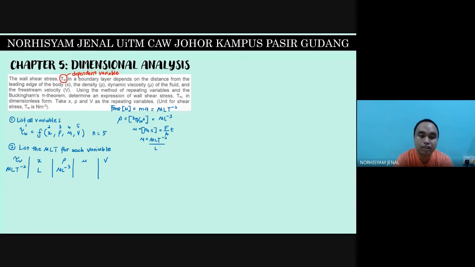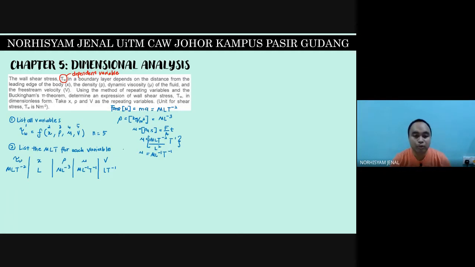Area is L2 and then T1 here. So for mu, it is M L negative 1, T negative 1. All right. And then we have v here, which is velocity. And velocity is L T negative 1.